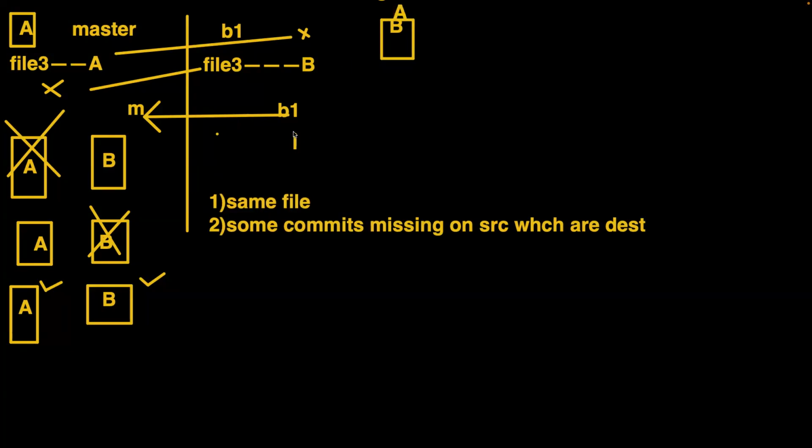If commit A is here, when you are merging, there would be A and B. It will put both A and B. There is no point of overwriting, right? It would put A and B. There is no point of overwriting A and just keeping B, right? So that's the reason for conflict. If your source is missing some commits which are there on destination, then you will get a conflict.